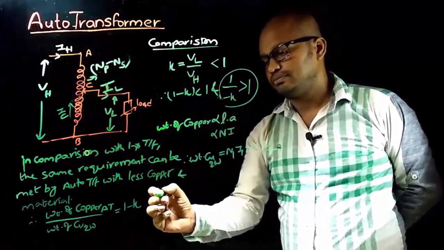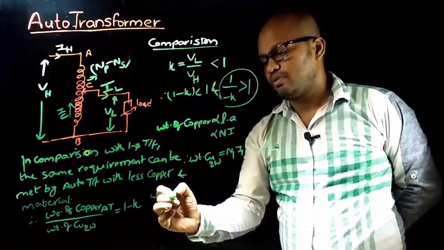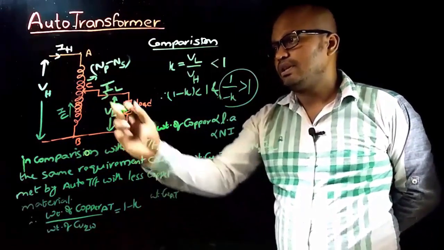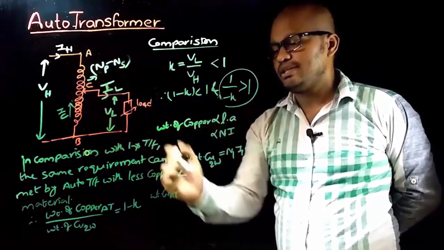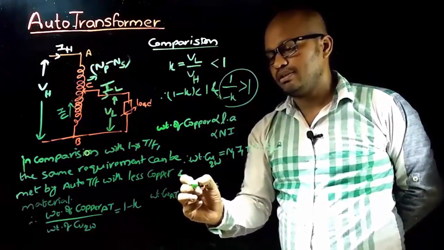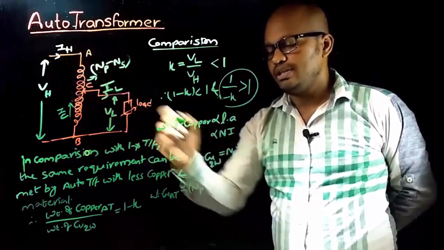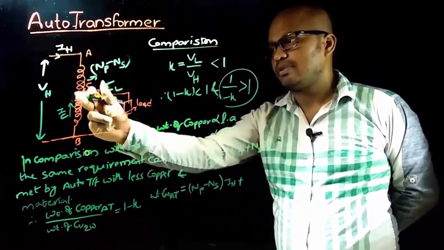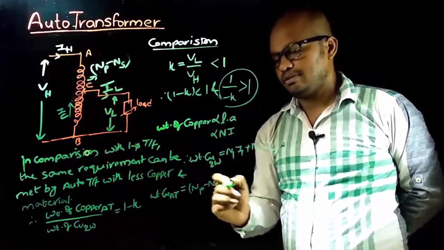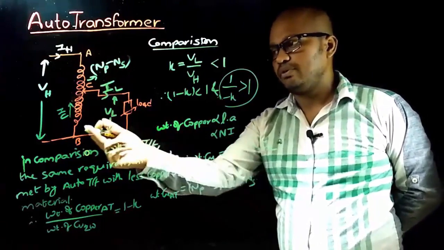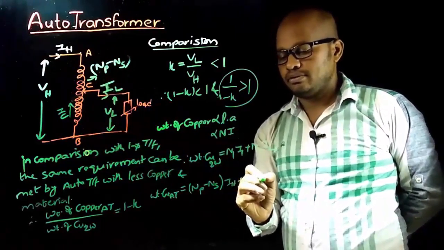Therefore, weight of copper of autotransformer can be taken as equal to the number of turns present between A and C, which is Np minus Ns, and the current flowing through that winding is IH, plus the number of turns present between C and B, which is Ns, and the current flowing through that winding is IC.